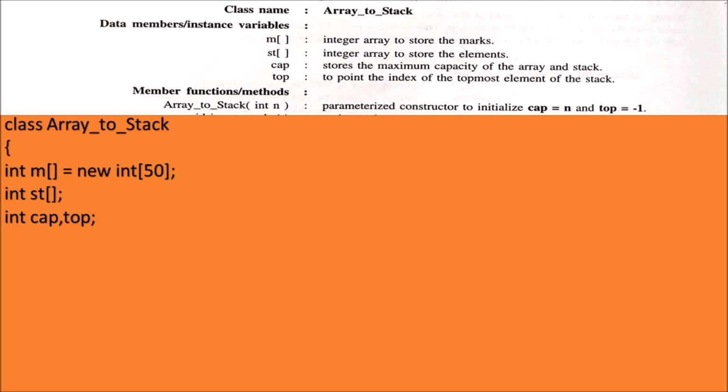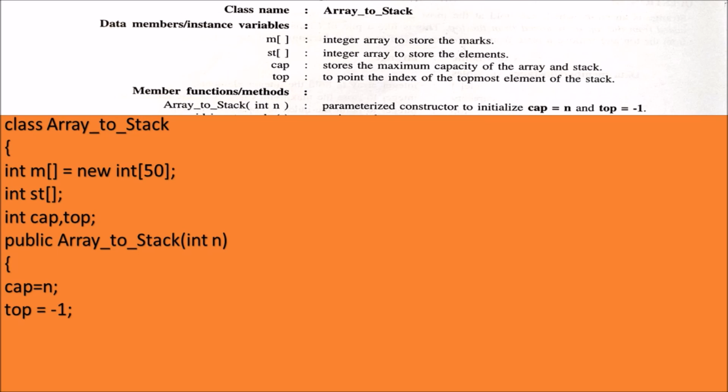Now next are the member functions. So array2stack is the parameterized constructor, which is used to initialize cap equals to n and top equals to -1. So we will define this parameterized constructor as public array2stack with int n in brackets. Then we assign cap equals to n and top equals to -1.